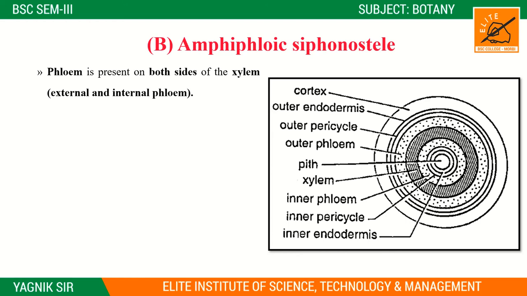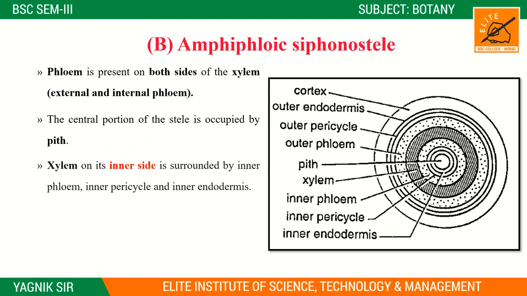So the phloem rings are present both externally and internally. The central portion of the stele is occupied by the pith, right? So here the pith is present in the central part.